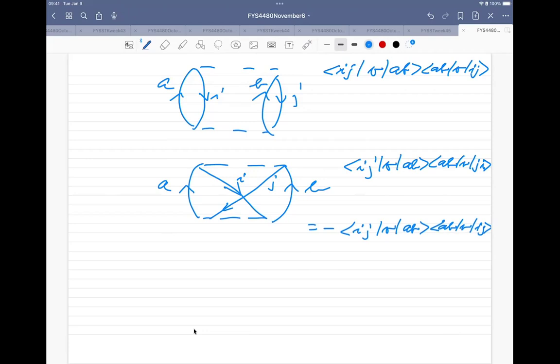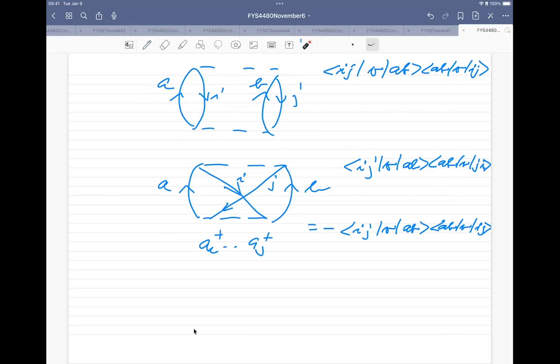This minus sign comes by because we are crossing the hole lines, and that means that there is a set of operators here where we have an AI leaving, and then there's an AJ, and we're performing the contractions, and then we have to swap operators in order to bring them together. And that means that we get a contribution here now, which has a minus sign. If we draw it like this, then this is equivalent to this expression here, except for a minus sign.